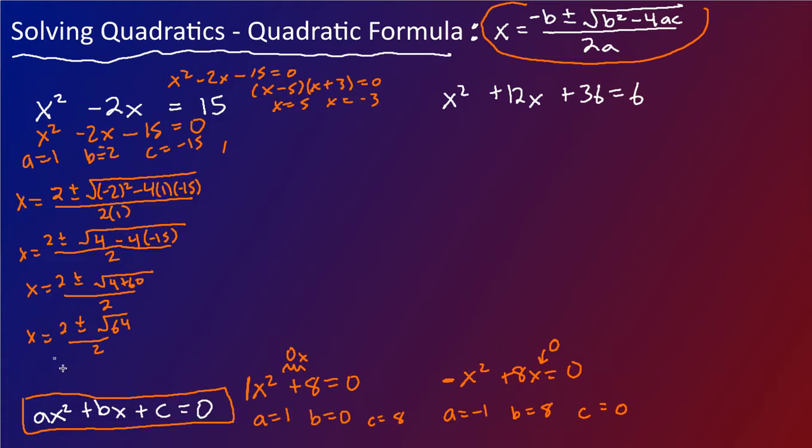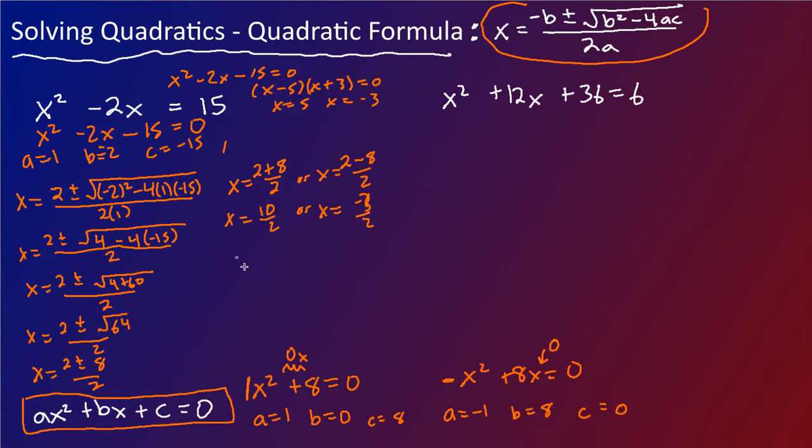The square root of 64 is 8, so I have 2 plus or minus 8 all over 2. That means x equals 2 plus 8 all over 2, or x equals 2 minus 8 all over 2. So I split that into two cases here.